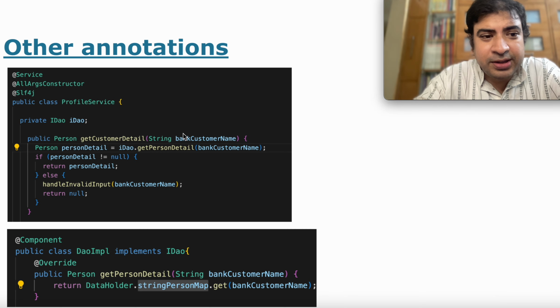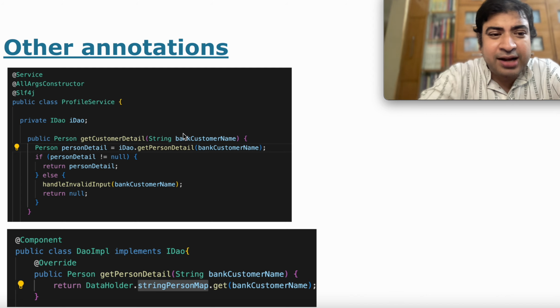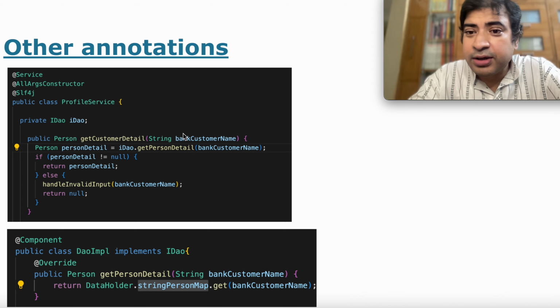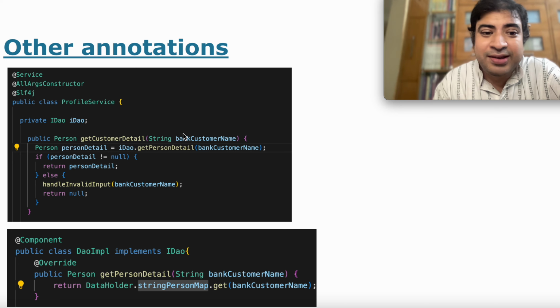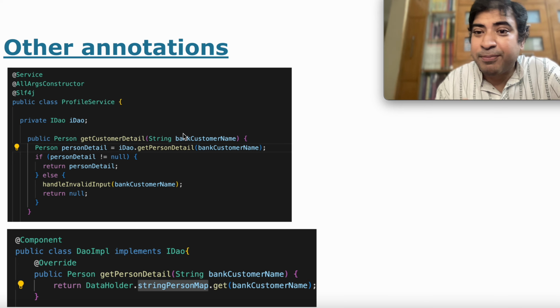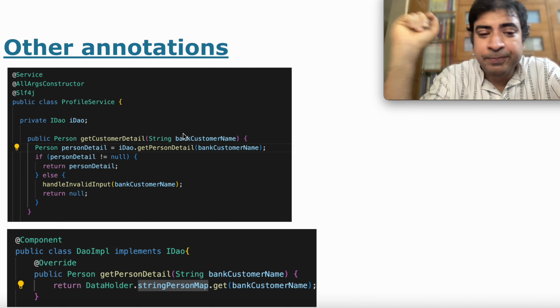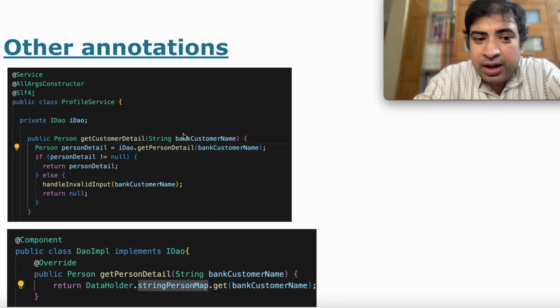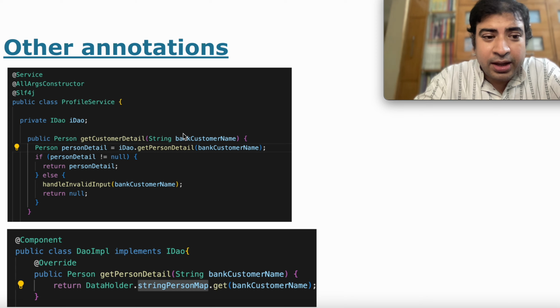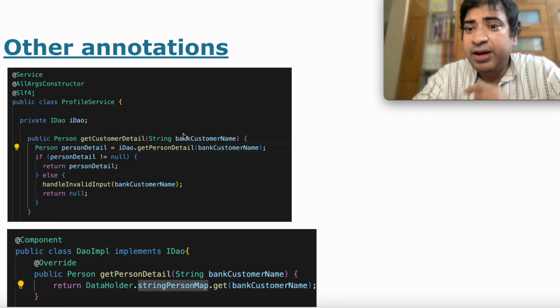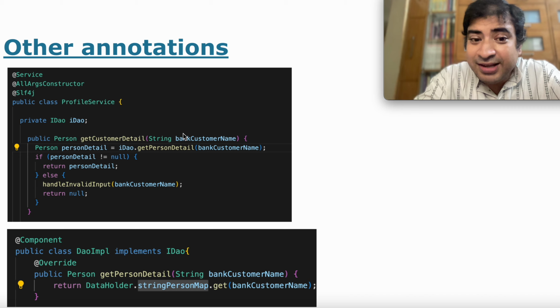Some other annotations like the @Service annotation or the @Component annotation are also indications to Spring Boot that this class needs to be instantiated and managed by Spring Boot. Please refer to my other video on Spring Boot inversion of control, where I have explained this concept in detail: Spring Boot is responsible for creating and managing our objects, but we need to indicate to Spring Boot that these objects need to be created and managed by it.